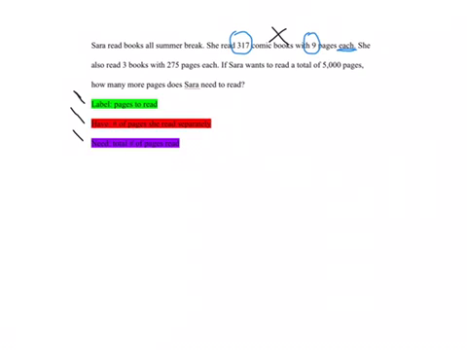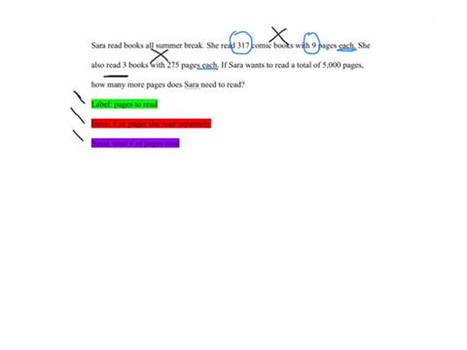She also read 3 books with 275 pages each. There's that word again. So right there, I'm also going to multiply. If Sarah wants to read a total of 5,000 pages, how many more pages does Sarah need to read? How many more is telling me that I am going to subtract.